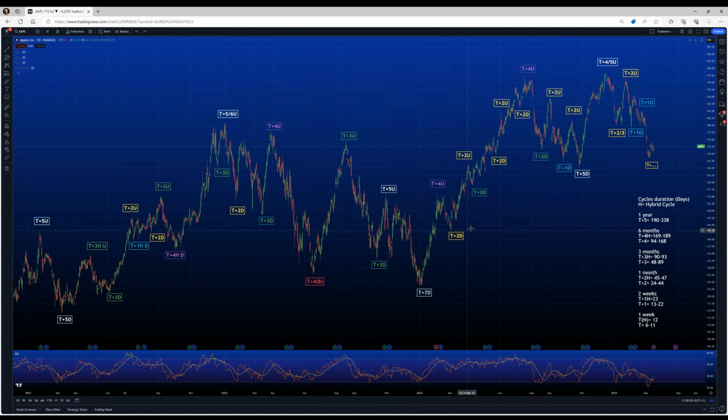And in this case, we didn't have the right time to begin a 3-month cycle. But from here, we had just a 6-month cycle, and in between, just monthly cycles. So first monthly cycle, second monthly cycle, third monthly cycle.